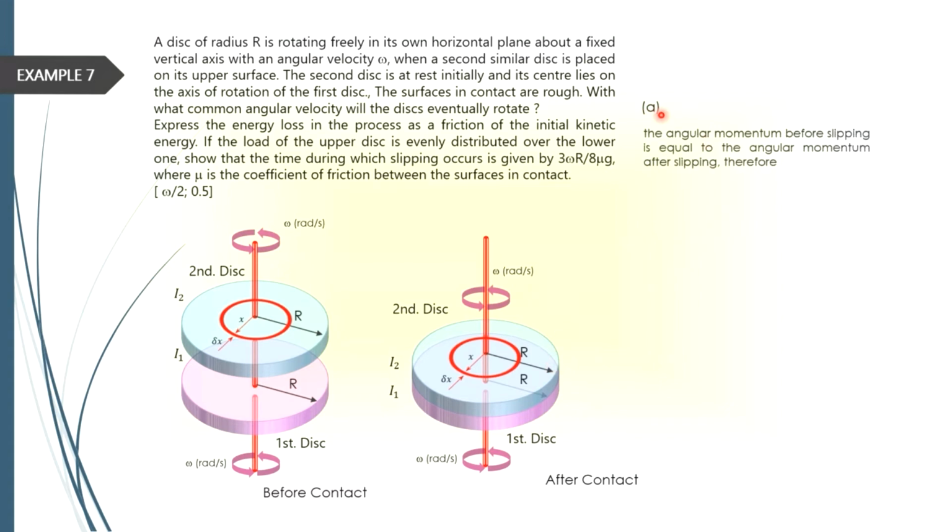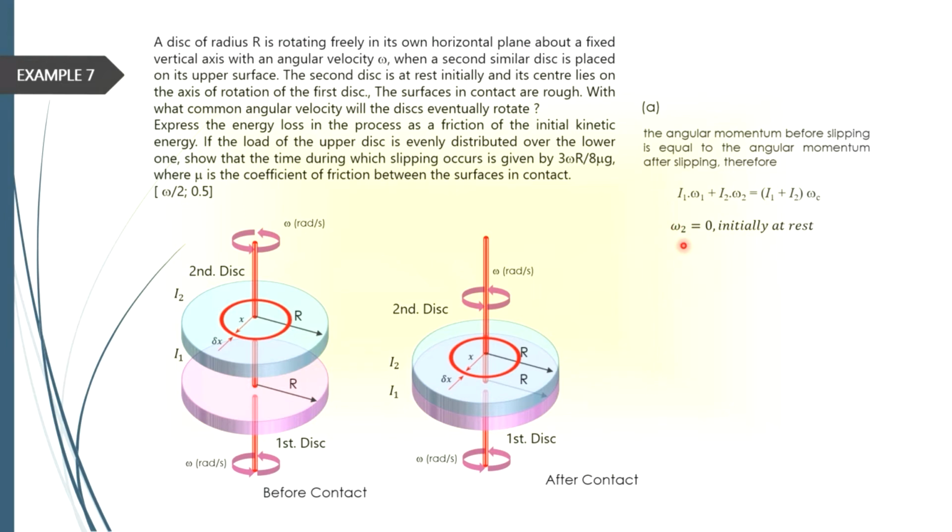So part A, the question asks us to find the common angular velocity. What we can do here is apply the principle of conservation of momentum, before and after contact.